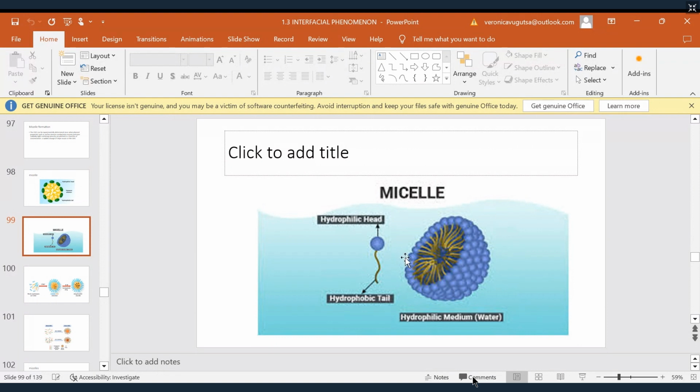This is like a ball, and you have the heads in contact with the water. And then the tails give you a hydrophobic center, a hydrophobic center that behaves like a hydrocarbon. So outside here, you have water, but inside here, it behaves like a hydrocarbon. It's hydrophobic. So if you have oil, it will come into the center of the micelle.